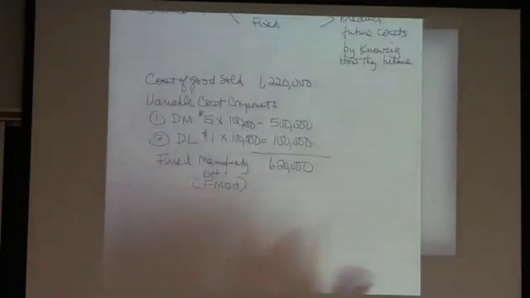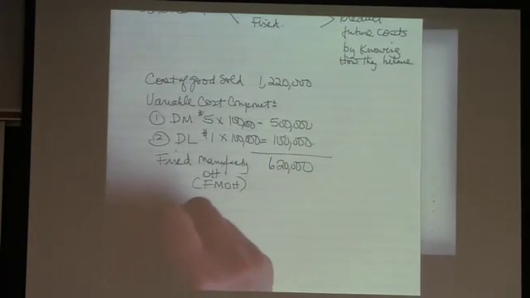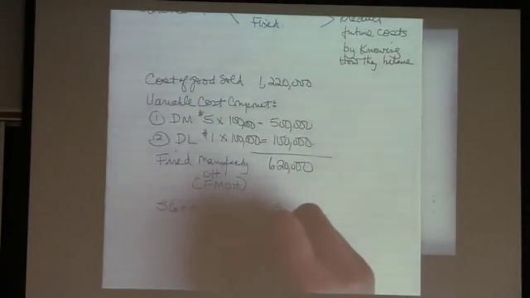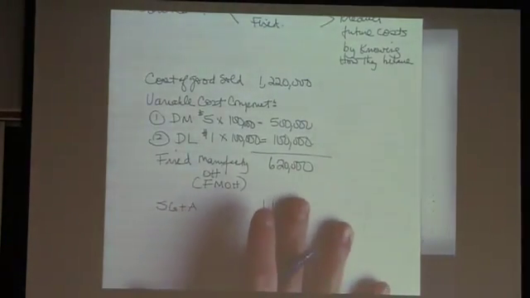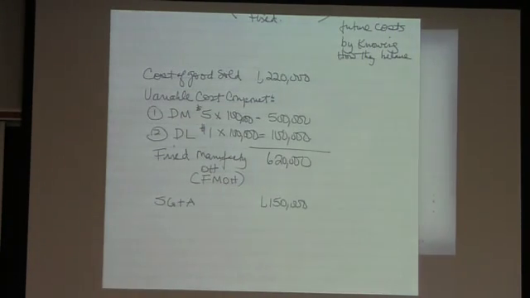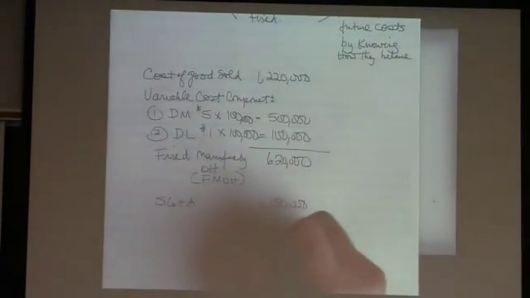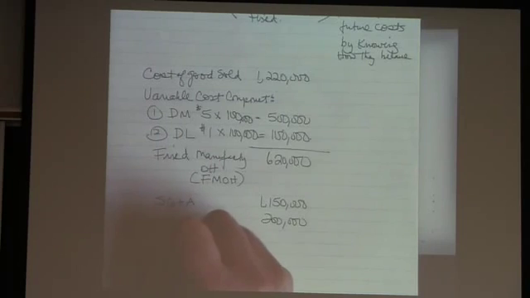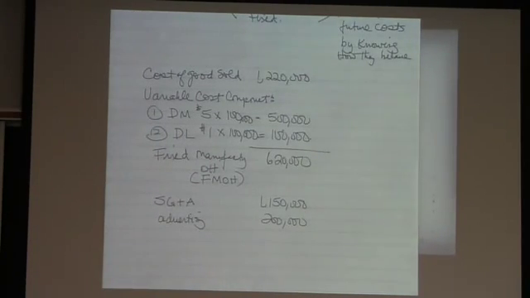Okay? Now, SG&A, selling, general, and administration, is 1.150. Okay, we're told that there was advertising totaling 200,000. And what else are we told?